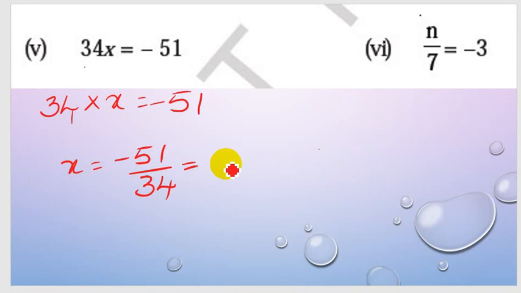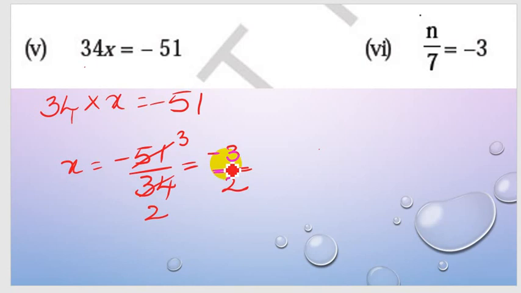If you observe the numerator and denominator, this can be cancelled in 17 table. 17 2s are 34, 17 3s are 51. So from this, what is the answer? Minus 3 divided by 2. Always you need to represent minus in the numerator term, or you can simply keep it beside the separator, right? Next, question number 6.